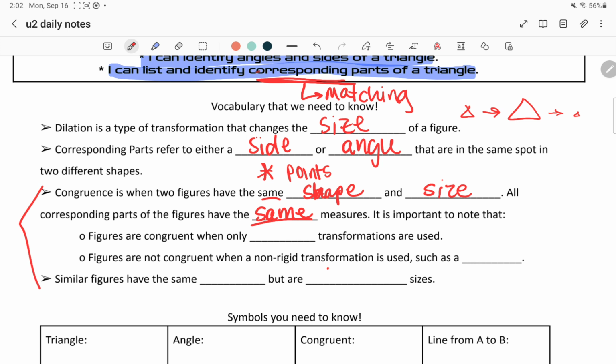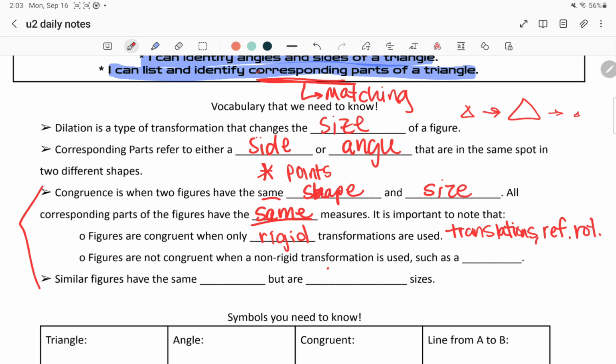If two sides of a triangle match, they both need to be 5 feet or 3 inches or whatever. They need to be the same. Figures are congruent when rigid transformations were used. So that's your translations and reflections and rotations, things we talked about in Unit 1.